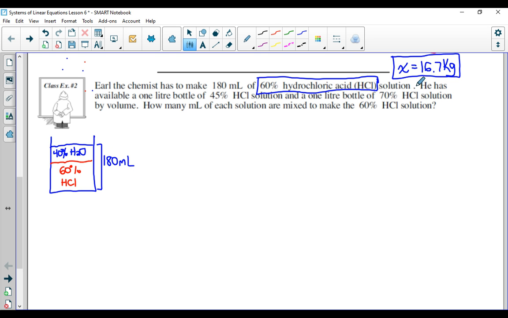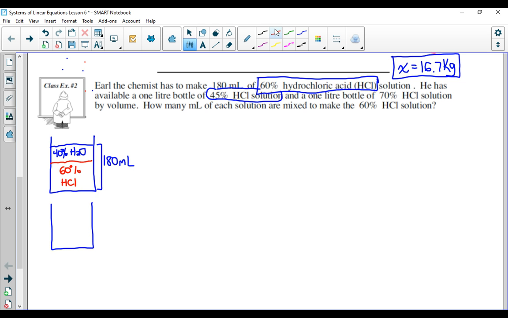Now, to get this solution, we have to mix a couple of different bottles together. So one bottle, we have 1 liter of 45% hydrochloric acid solution. So I'll sketch what that would look like. So this would be, again, draw like a beaker.